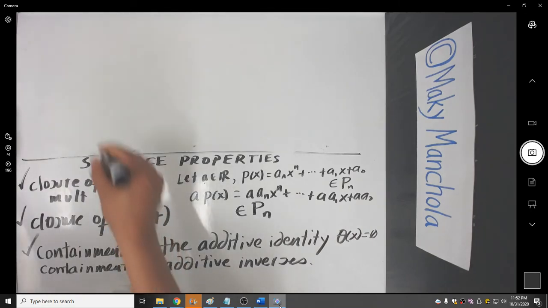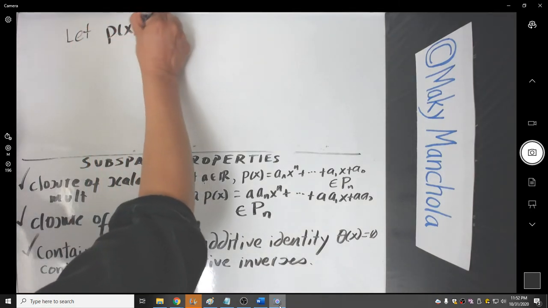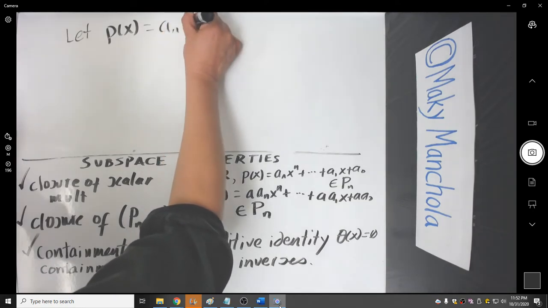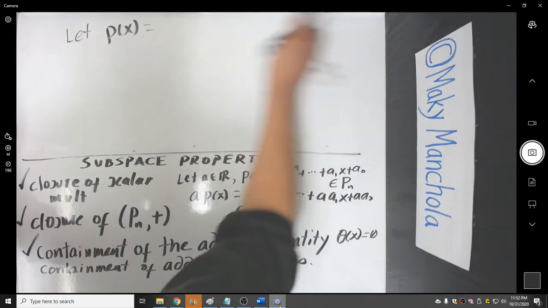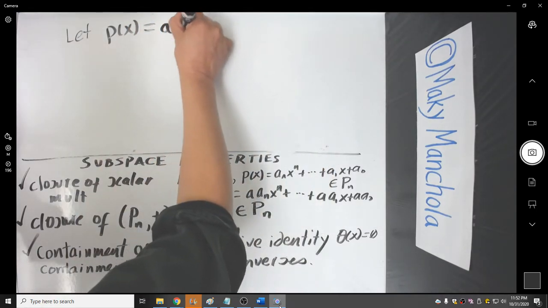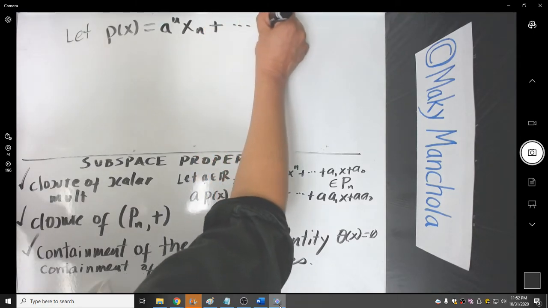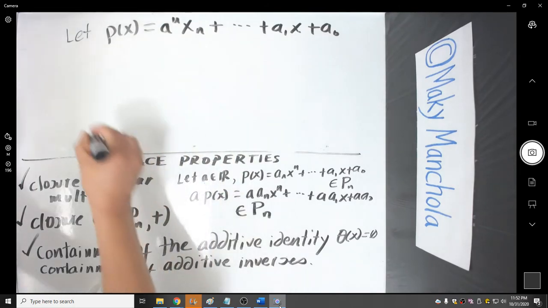So here we go. Let P of x equal a_n x^n plus ... plus a_1 x plus a_0.